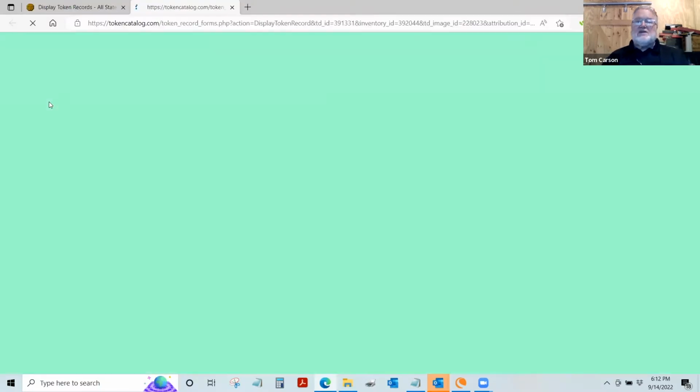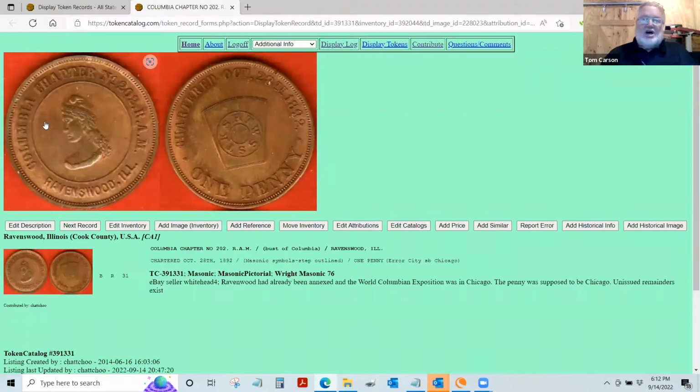Another example of annexation in Chicago is Ravenwood. Ravenwood had already been annexed by Chicago. The World Columbian Exposition was coming there, so they formed the Columbia chapter in what used to be Ravenwood and put Ravenwood on it. The chapter didn't like that, and they had them remake it Chicago, and there's quite a few remainders existing for this chapter.